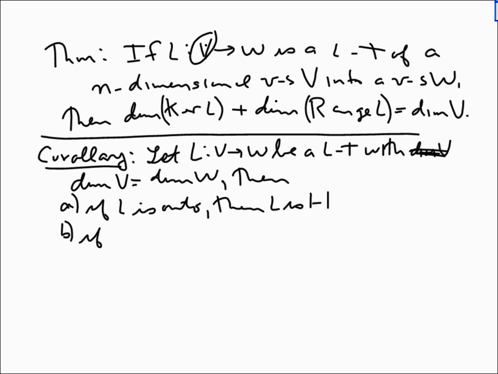And B, if L is 1 to 1, then L is onto. That is, L is onto if and only if L is 1 to 1.